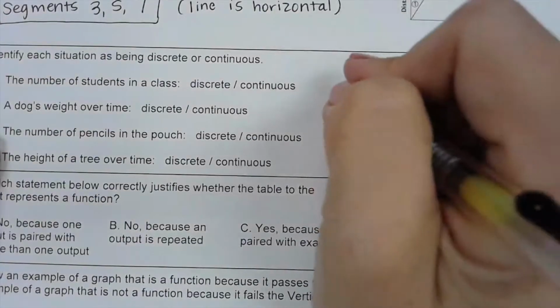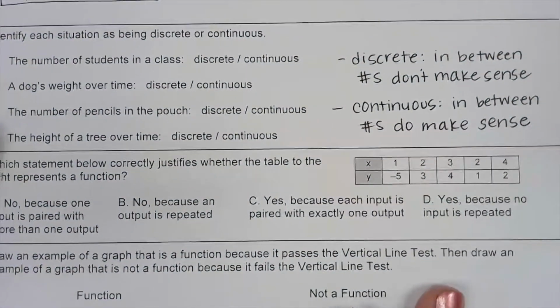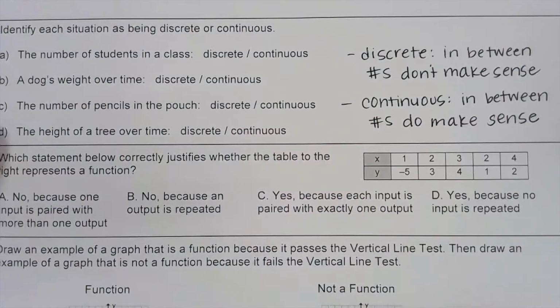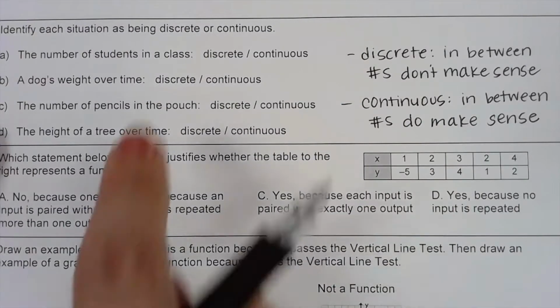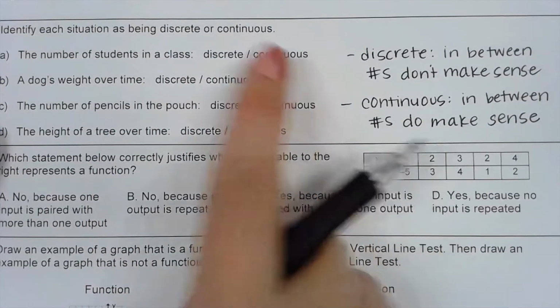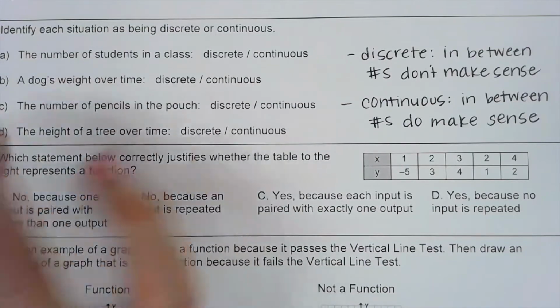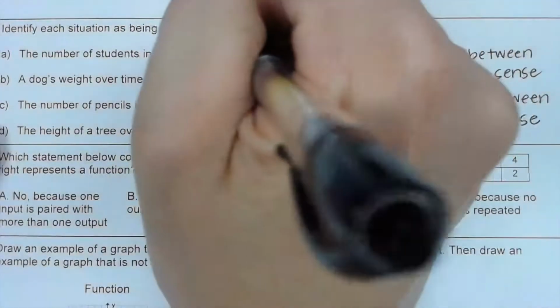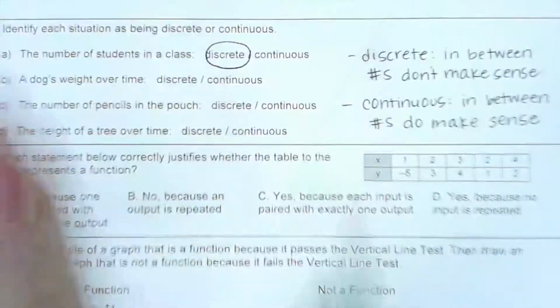And so these two definitions are probably the best two ways to remember discrete and continuous. If you're measuring the number of students in a class, over time it's going to change. It's not whether it changes in a straight line. It has nothing to do with that. It would be discrete because you can't have half students in a class.